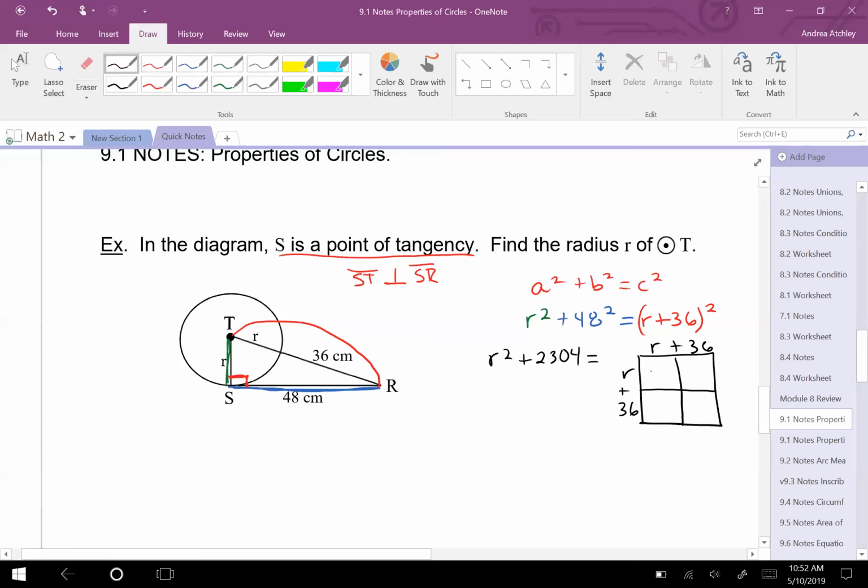R times r is r squared. 36 times r is 36r. R times 36 is 36r. And 36 times 36? 1,296. Thank you.